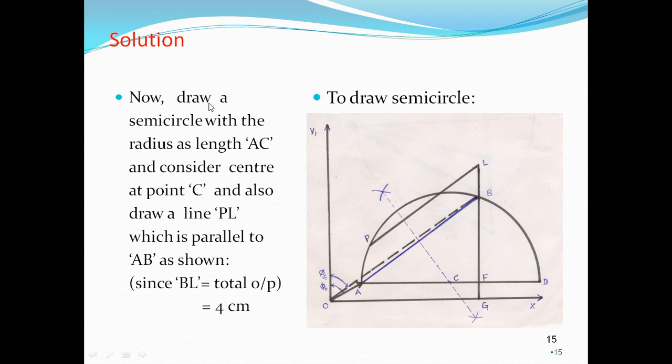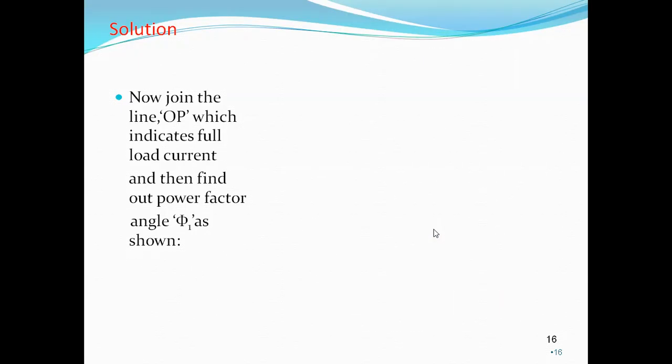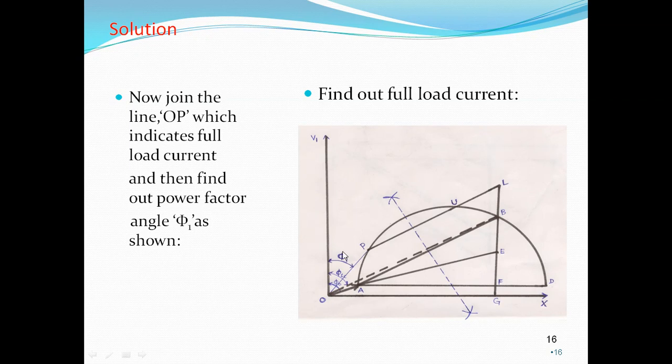So here it is written: draw a semicircle with radius equal to AC and center C, and also draw the line PL parallel to line AB, where BL is equal to 4 centimeters. So you join OB.